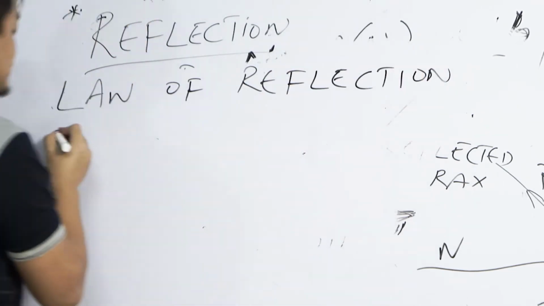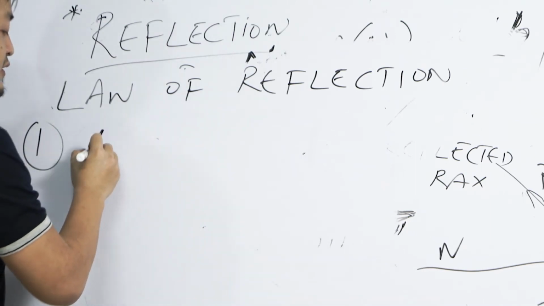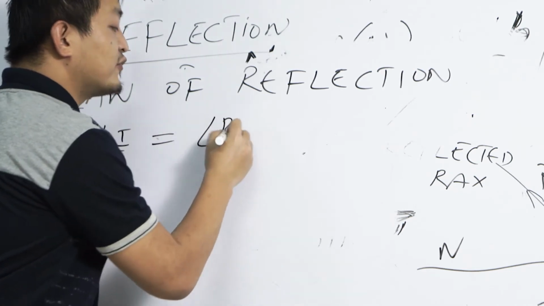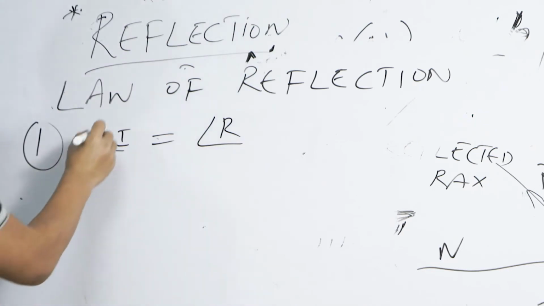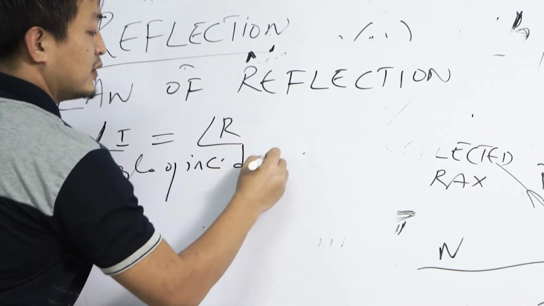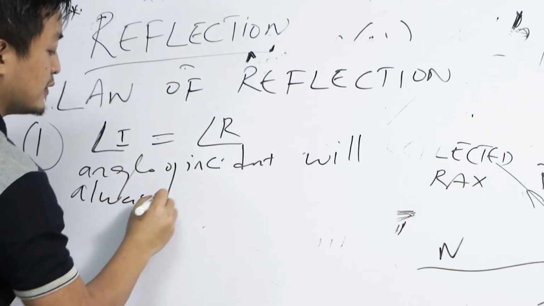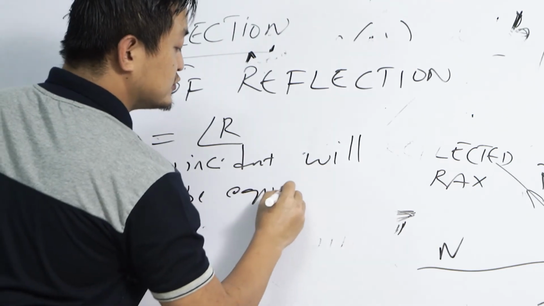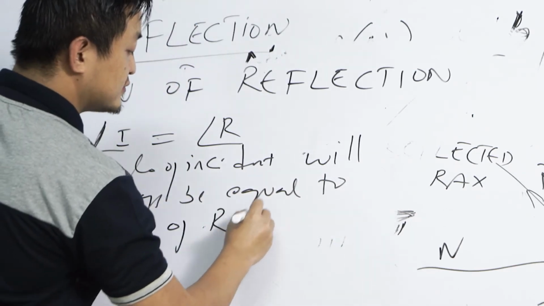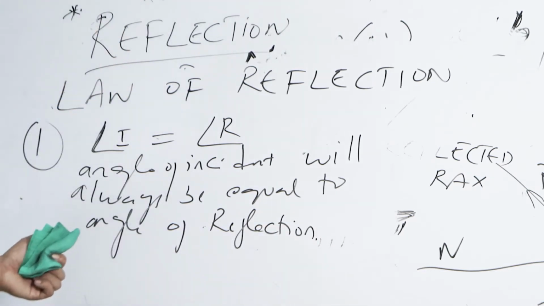The first law would be the one that I have explained: the angle of incidence will always be equal to the angle of reflection. So this is the first law of reflection.